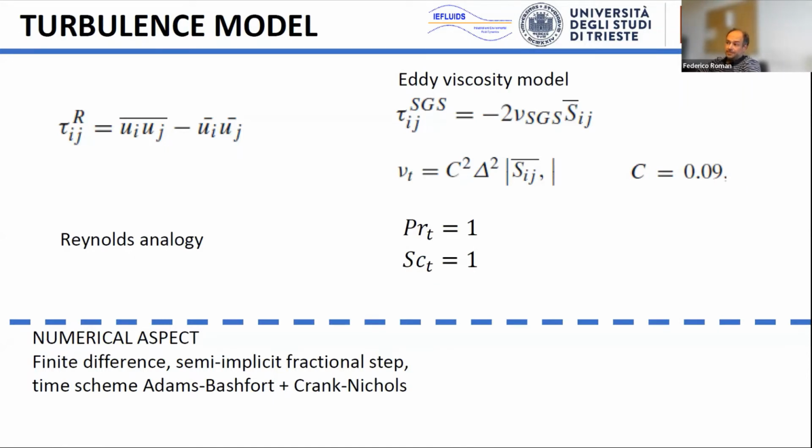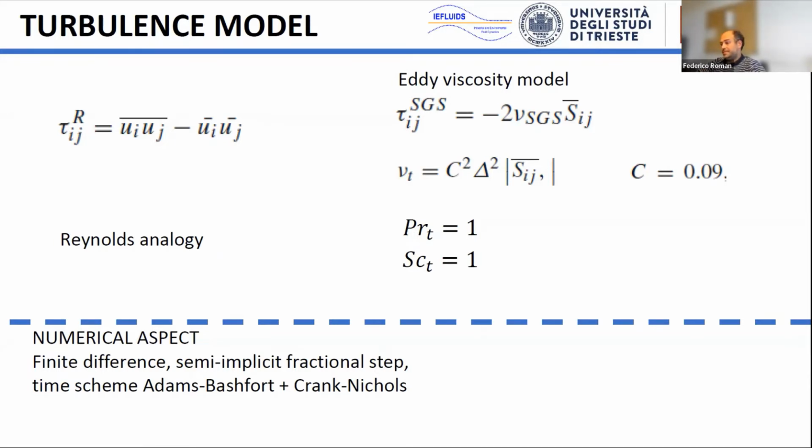And this assumption is correct if we are working with neutral or mild stratification. Maybe it can be improved when we move to the case of strong stratification, because in this case, buoyancy also acts as a destruction term when we make a balance of turbulent kinetic energy. But at the present time, we are not considering this issue.